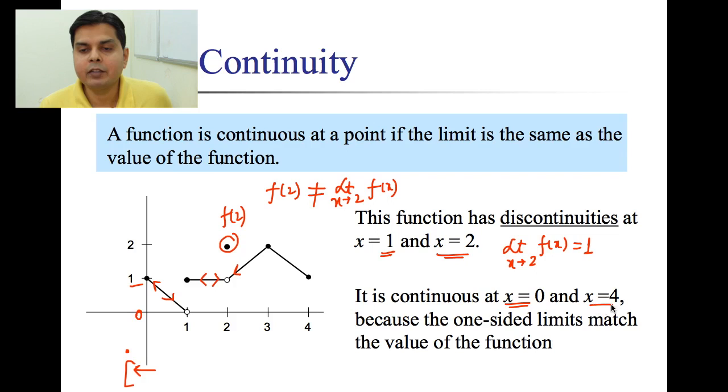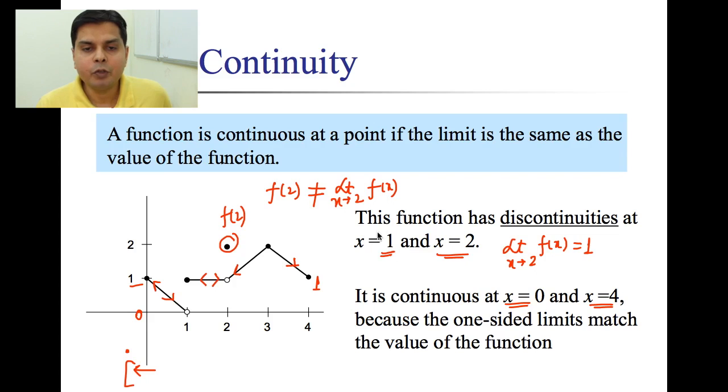Similarly at x is equal to 4, the left hand limit is equal to 1 and the value of the function is also equal to 1, so it is continuous at x is equal to 4 also, because the one-sided limits match the value of the function. So this function has discontinuities at x is equal to 1 and x is equal to 2, and it is continuous at x is equal to 0 and x is equal to 4.